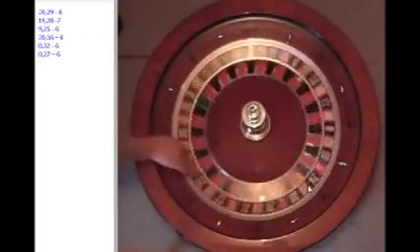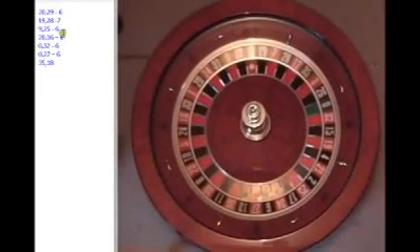Next spin. 35, 18. From now on, I actually didn't count the number of revolutions, and I think it might have been 7. We'll just let the video run so you can practice. I won't actually pause it this time.